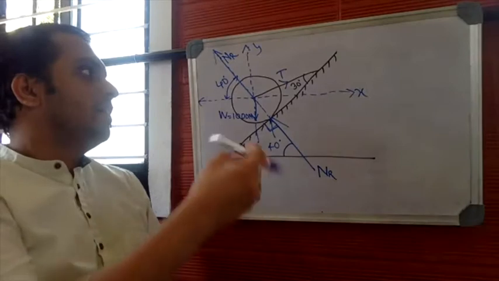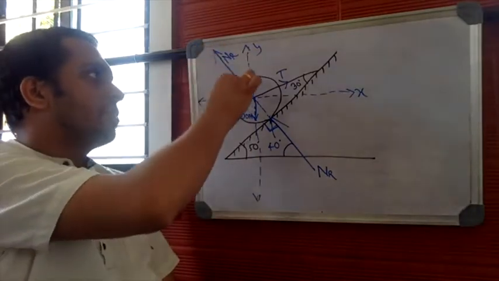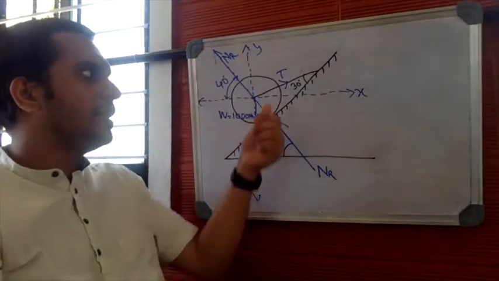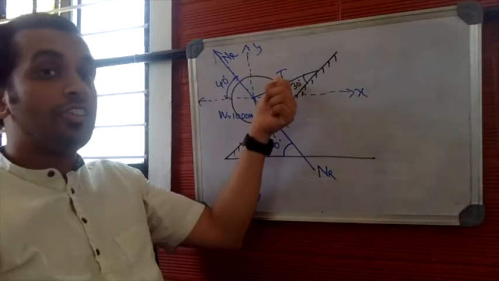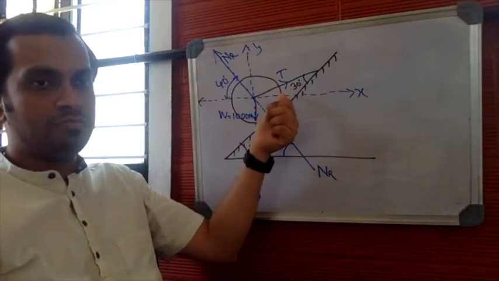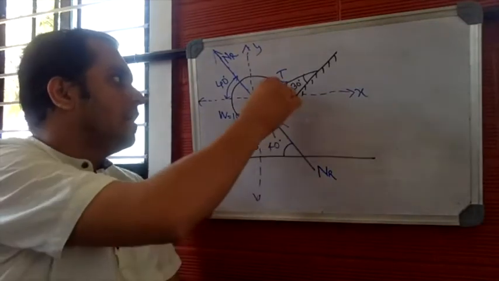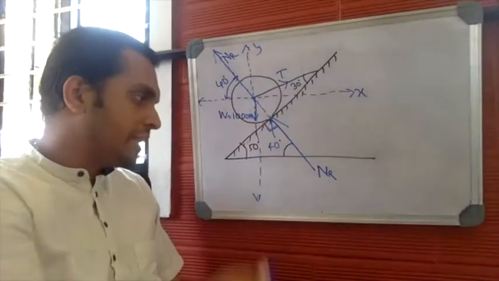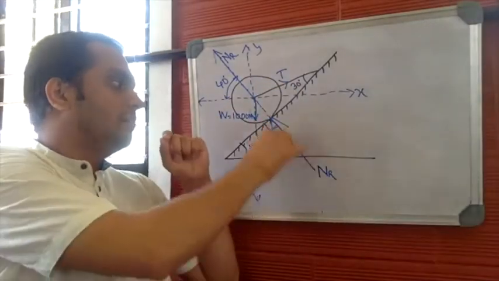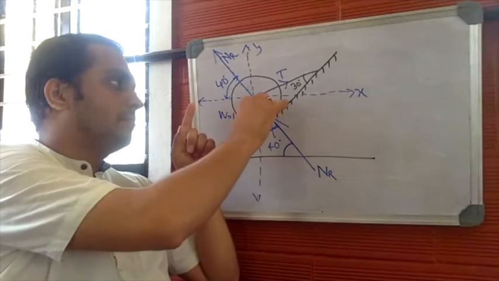Now we got the inclination of the normal reaction with respect to horizontal, but we don't know the inclination of tension T with respect to horizontal. Let us find it. This line is perpendicular here.